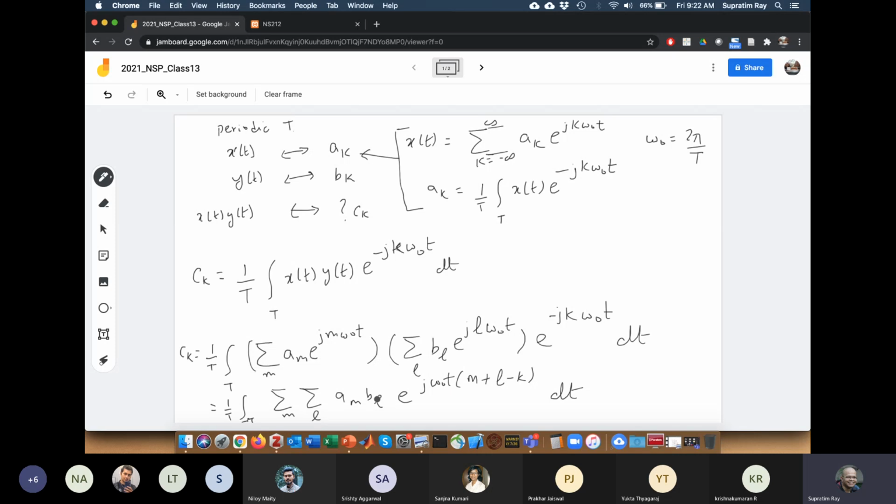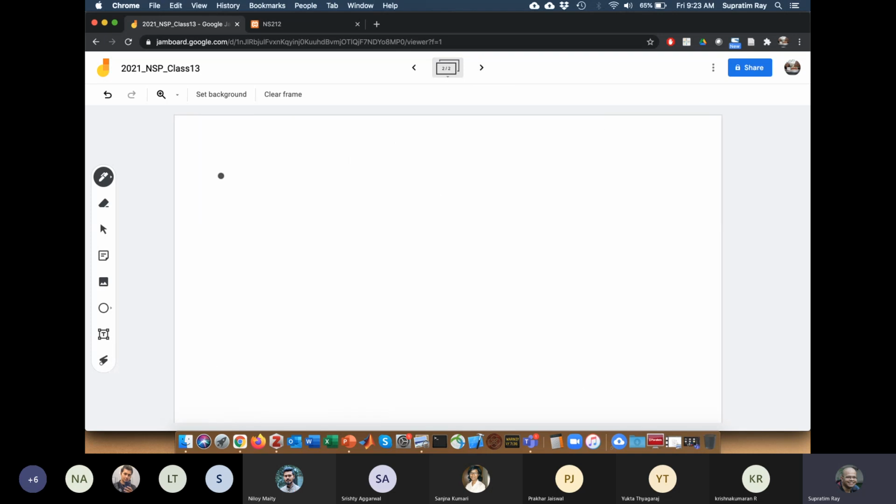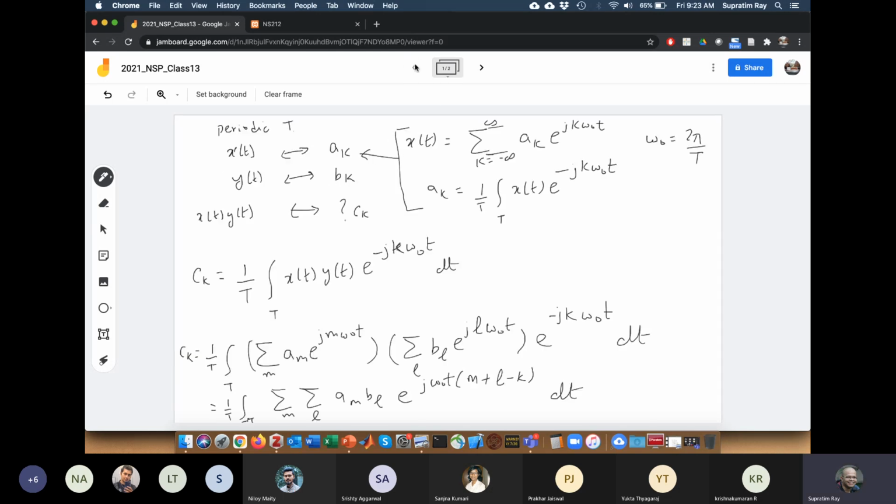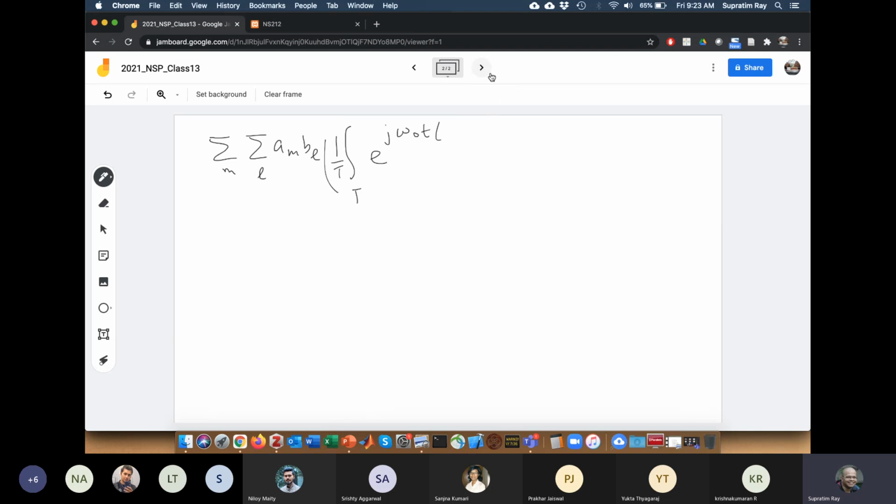So I can bring the integral inside and write it as a double summation over m and l of a_m b_l, and then the integral of this thing, which I can write together, of e^(j omega_0 t (m plus l minus k)) dt.